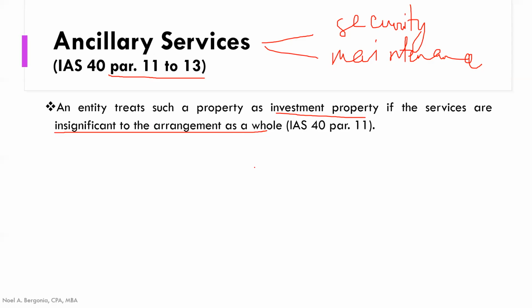Okay, so sir, paano natin masasabing insignificant to the arrangement as a whole? So it could be, let's say for example, your primary business naman talaga is magparenta and then you're just providing a small amount of services such as security and maintenance to the business, then you can still treat it as investment property. Kasi imposible naman na nagpaparenta ka ng building tapos ang major business mo is security and maintenance.